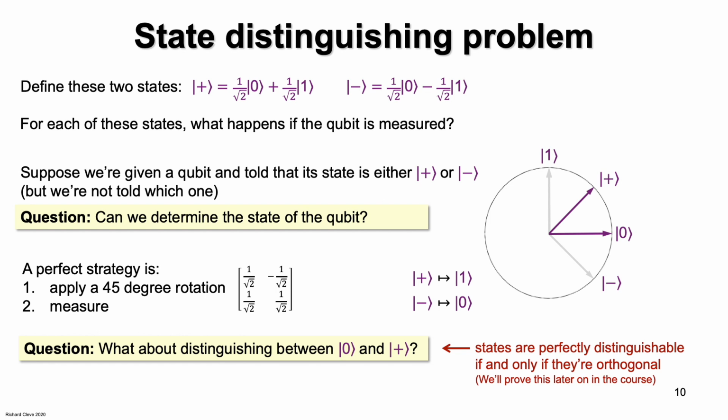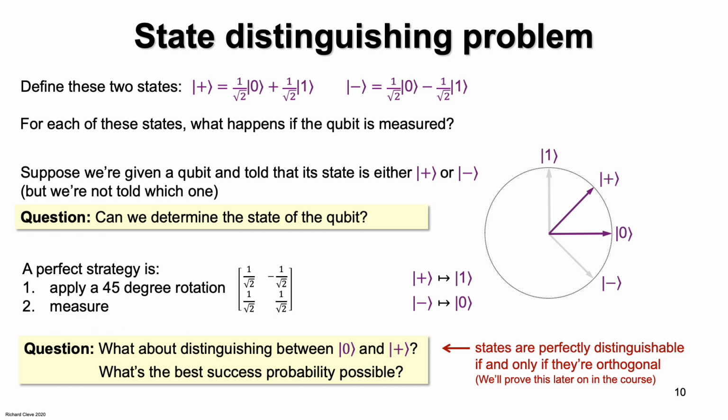Although we cannot perfectly distinguish between the ket 0 state and the plus state, we might want a procedure that at least succeeds with high probability. What's the maximum success probability achievable for this? Think about what's the best orthonormal basis to measure in. I'll leave this question with you and continue.